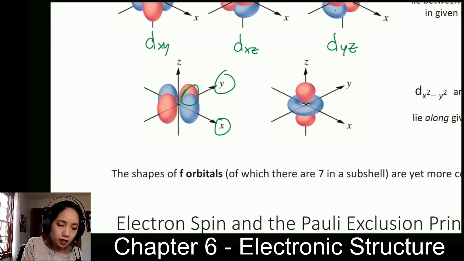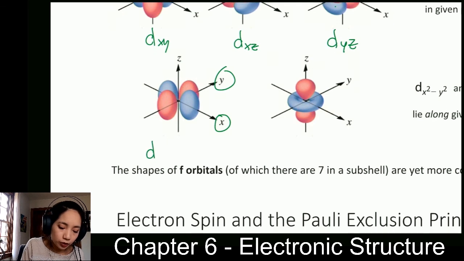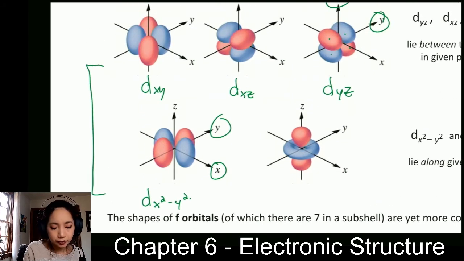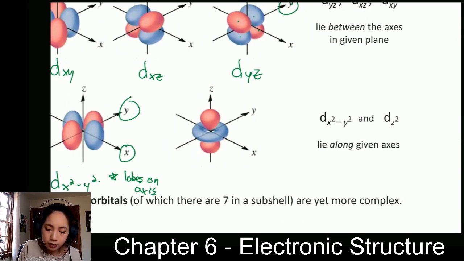So this specific d orbital is our dx squared minus y squared. These two are easy to mix up. Just know that in dxy, the lobes are between each of the quadrants. But in dx squared minus y squared, the lobes actually lie on the axes themselves. So I'll write that: lobes on axes. They lie along the given axis.